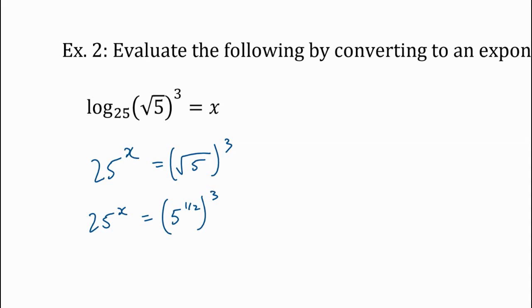Now I can see that I've got 2 powers. And I can rewrite 25 as 5 squared. So 5 squared to the x equals, and I'm going to simplify my exponents on this side by multiplying, 5 to the 3 over 2.